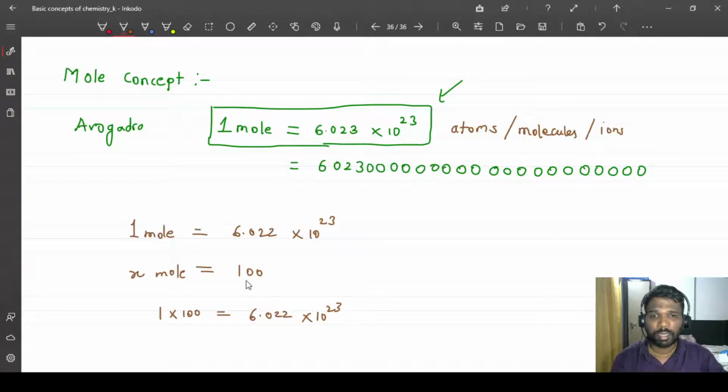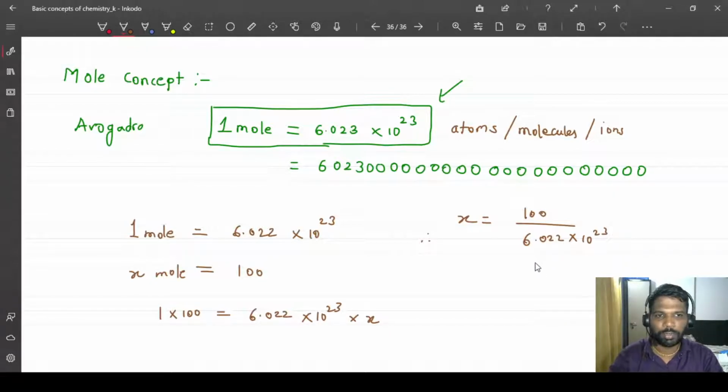So x will be equal to 100 divided by 6.022 into 10 raised to 23.